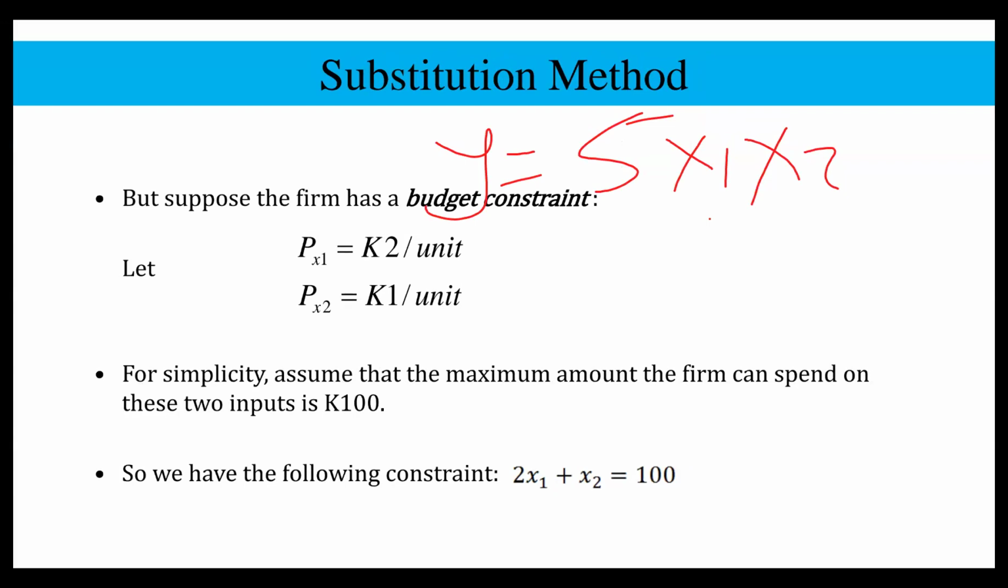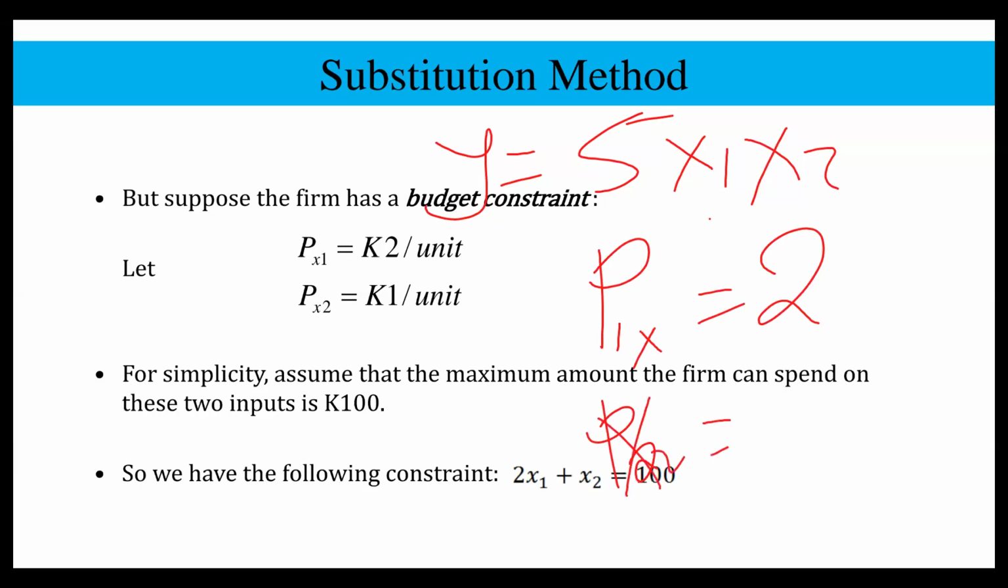And these inputs that you want to buy so that you can use them in production are priced differently. For example, the price of input X1 is 2 kwacha per unit, and input X2 is 1 kwacha per unit.